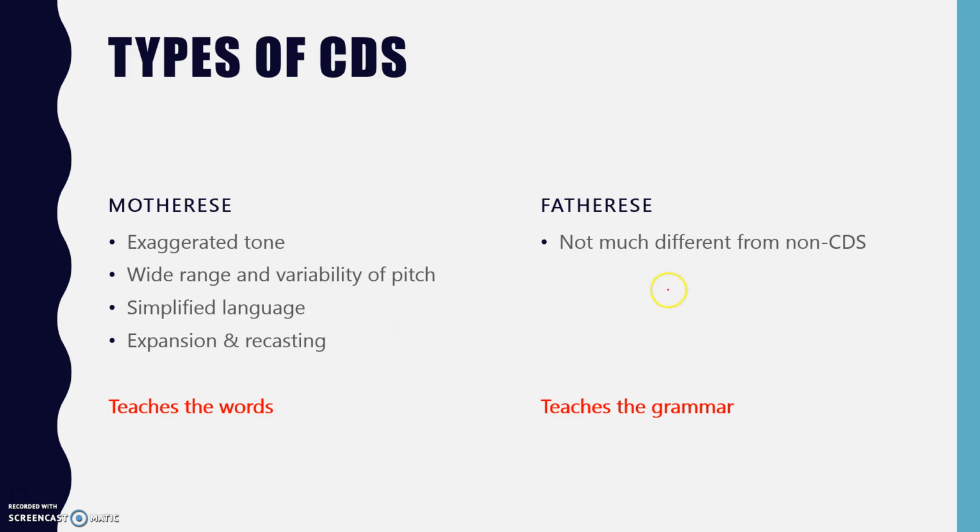A key theory to point out here, we always like to link back to the key theories. It's an important thing to remember in the exam. So we can link back to the social interaction theory with Bruner and Vygotsky. CDS is a type of scaffolding.